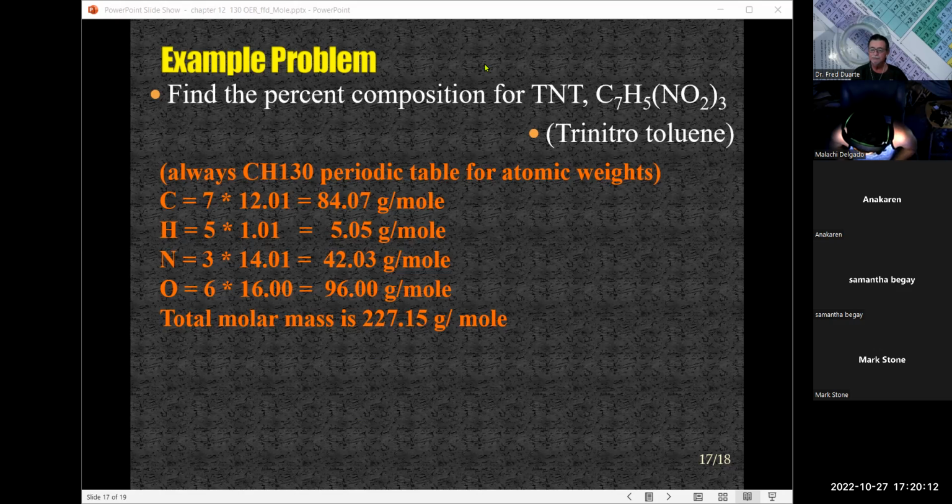Not a trick question. Okay, let me restate it again. If I weigh out 227.15 grams of TNT, how many individual molecules of TNT would I have? Okay, well, how many moles would I have? Let me start with that. How many moles of TNT would I have if I weighed out 227.15 grams?